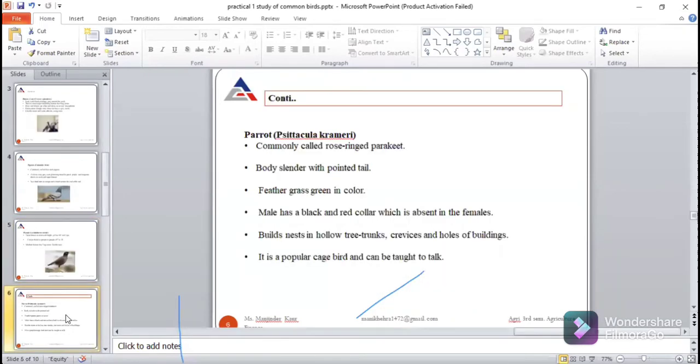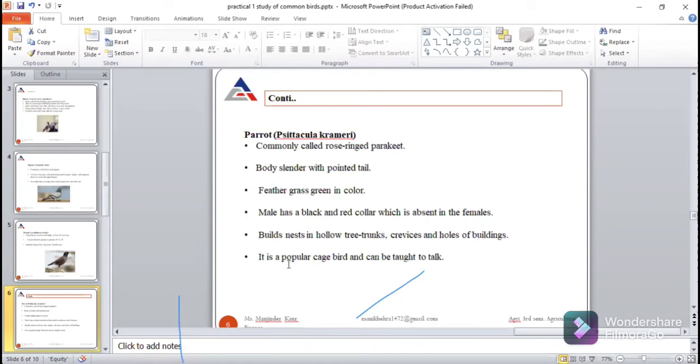Next bird is the parrot. The scientific name of the parrot is Psittacula krameri, and it is commonly called the rose-ringed parakeet. Its body is cylindrical in shape and it has a pointed tail. The color of its feathers is grass green, and there is a difference in the appearance of male and female.